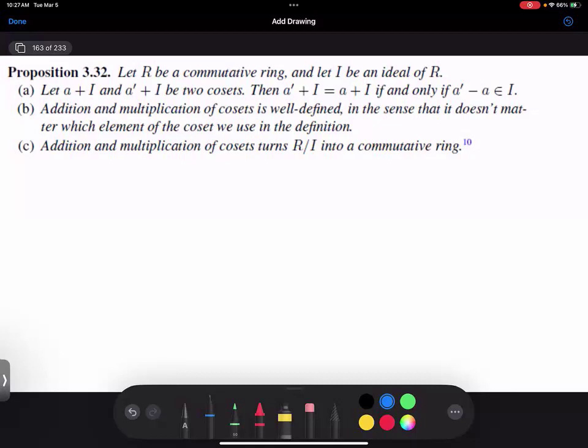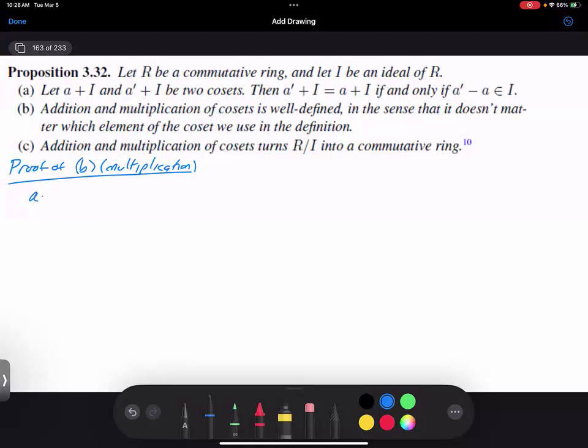So the proofs of these are all pretty much the same. I'll just do the second one. Since we did addition before, let's do multiplication this time. So, proof of B, multiplication. We have to show that addition and multiplication is well defined in the sense that it doesn't matter which coset representative we have.